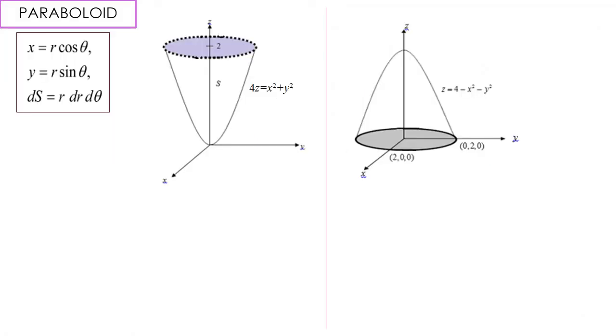Alright, next. Polar coordinate of plane can also be used to solve the paraboloid. If you have to solve the surface integral for paraboloid, you can use polar coordinate of plane. Why? Because if you view this paraboloid from above, you imagine your eyes are here, you see the parabola in 2 dimensions.